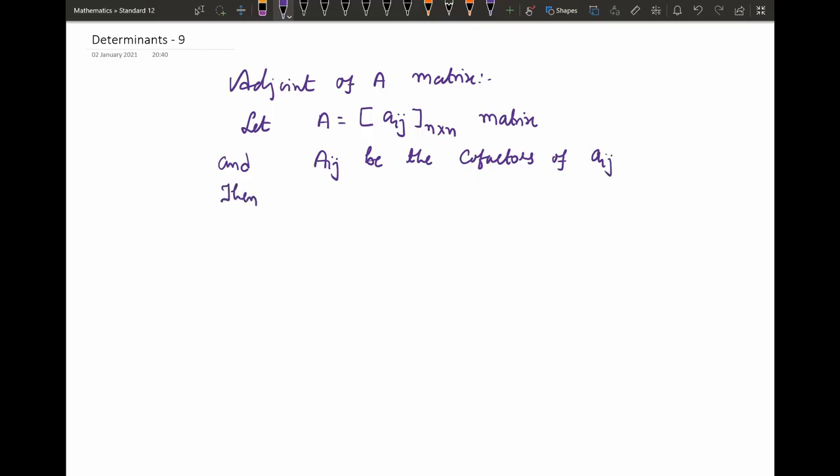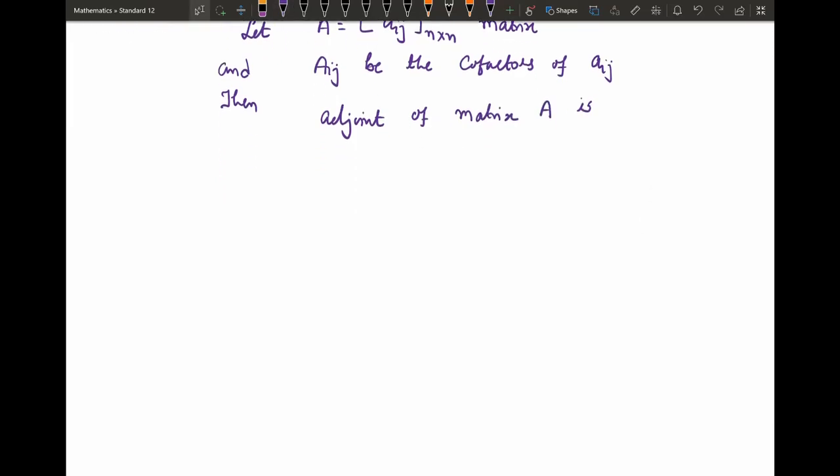Then adjoint of A is denoted by adjoint A, and it is the matrix formed by the cofactors, then you have to take transpose.